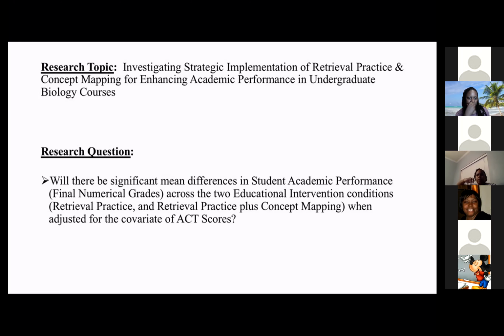So comparing these two strategies as they apply to improving academic performance in undergraduate biology courses, specifically introductory undergraduate biology courses. Okay. Questions? Feedback? So it's quantitative. It'll be very quantitative. So it's a post-positivist philosophical worldview, quantitative method, and analysis of covariance is a statistical technique.